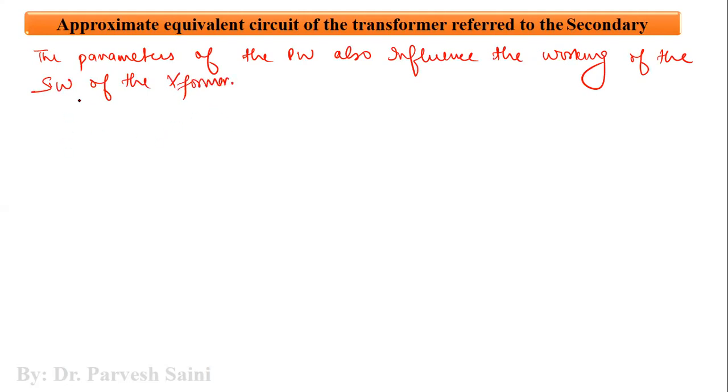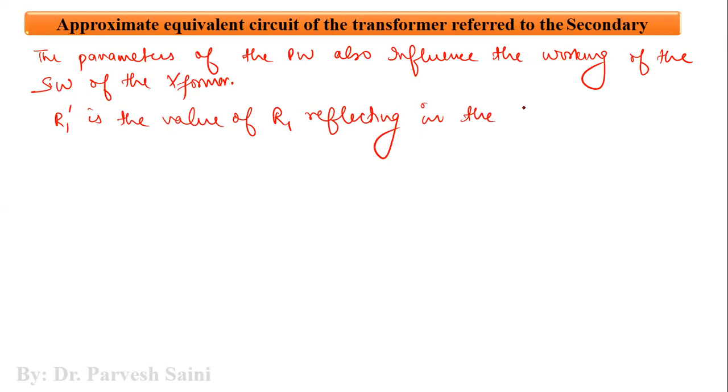So now let us say that R1 dash is the value of R1 reflecting in the secondary winding, right?